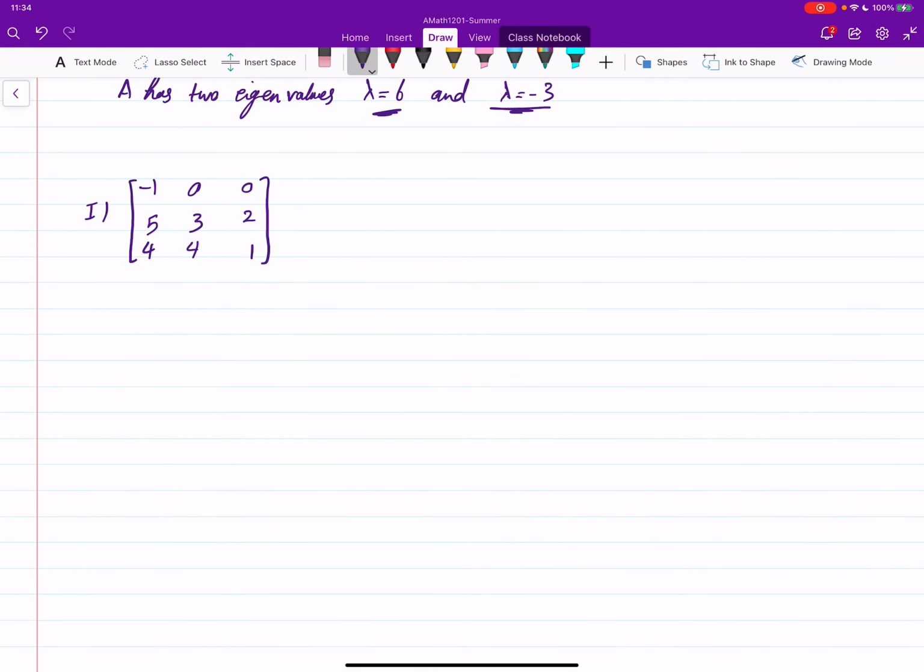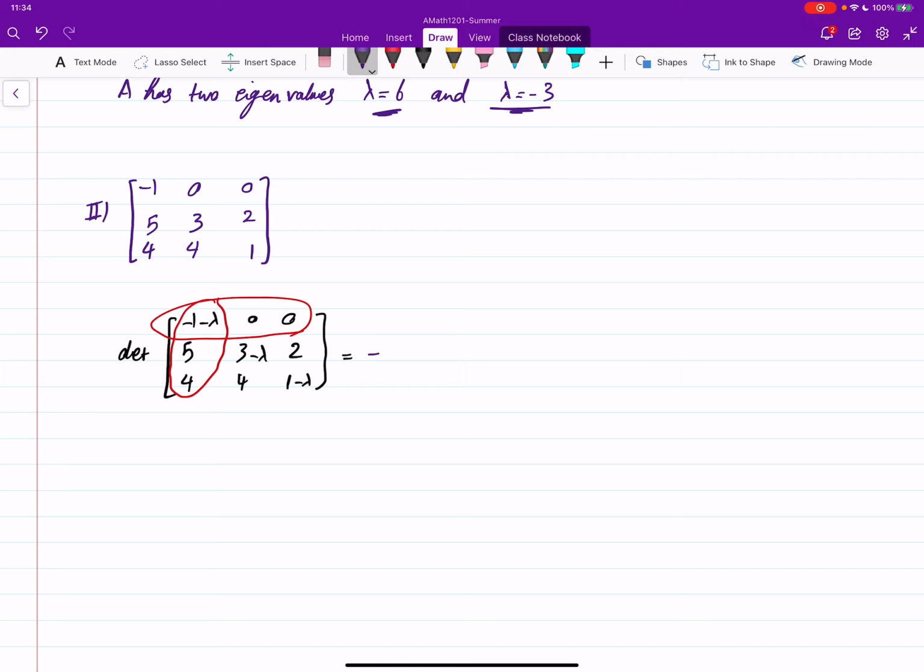Let's do this other one. This is the second example. Characteristic polynomial: the determinant of the matrix minus lambda I. Lambda I means subtract lambda from the diagonal entries. Here I have a 3 by 3 matrix, so I will expand along the first row.